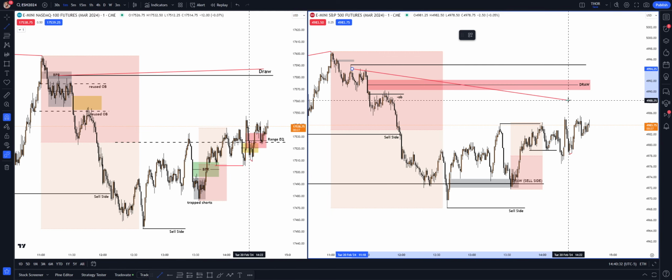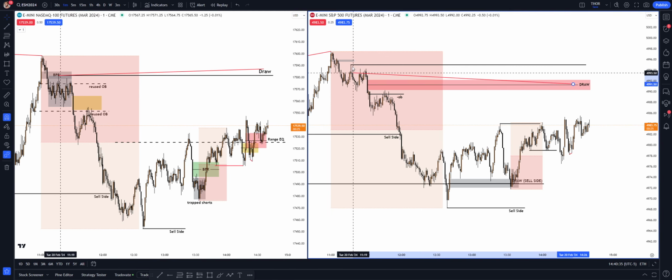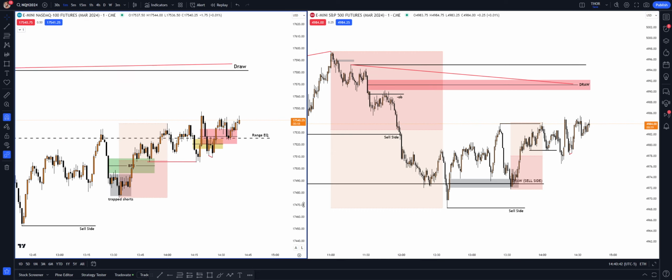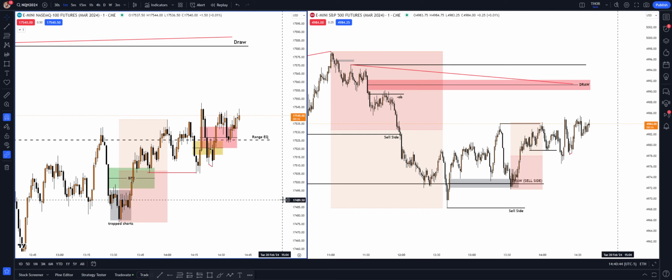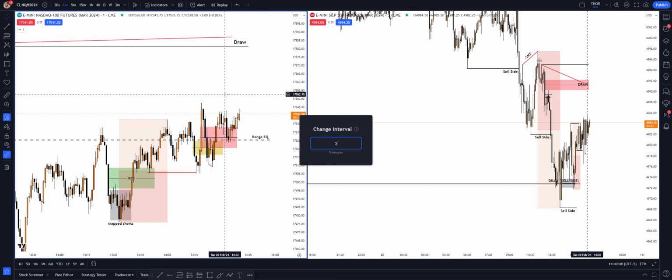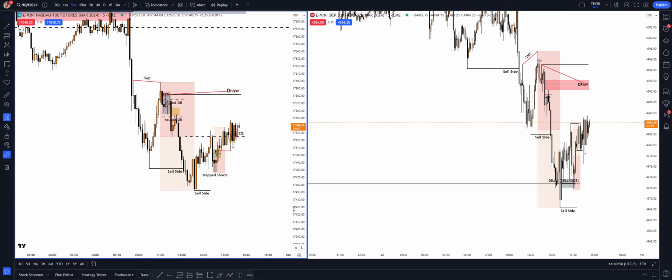Here, this high, something like that. That's what I'm anticipating, because that is essentially an S&T divergence on an intermediate time frame.